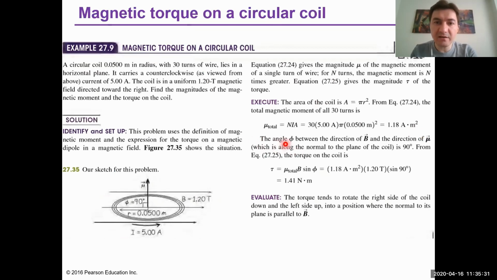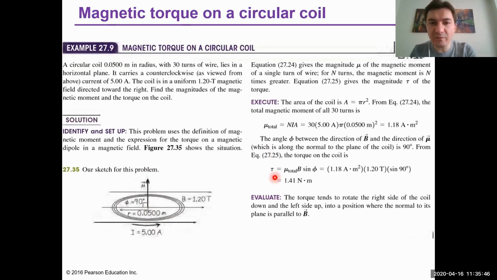So the angle phi between the direction of B and the direction of mu is 90 degrees, okay, because this is in the horizontal plane and this is perpendicular to the plane. Due to the direction of the current, we can get that information.